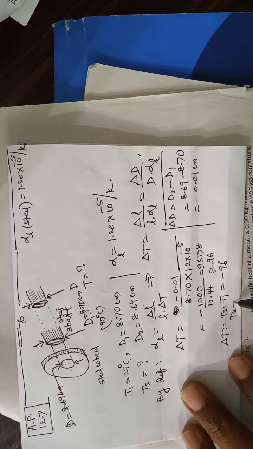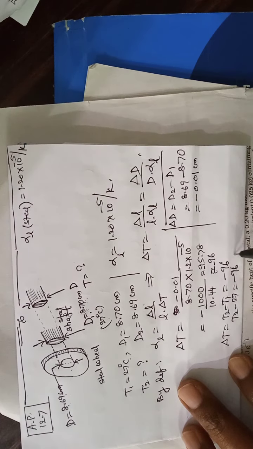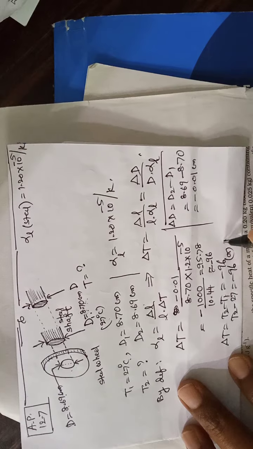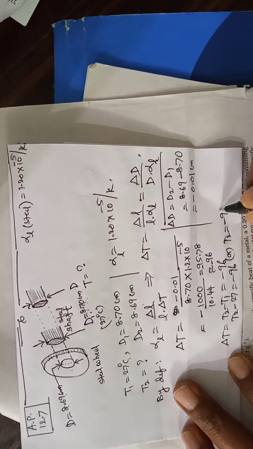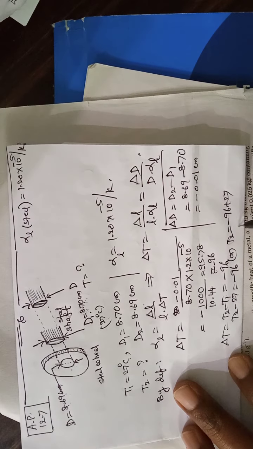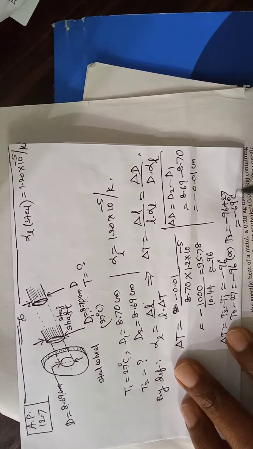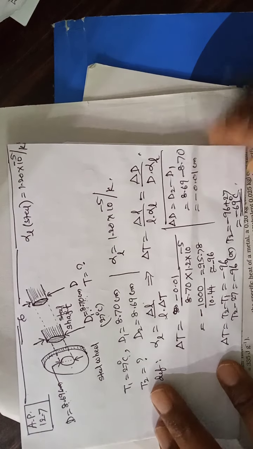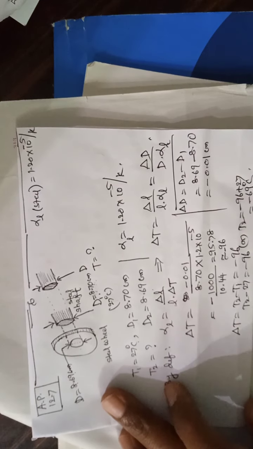T2 value we have to find out, T1 value 27. So T2 is equal to minus 96 plus 27, that is minus 69 degrees centigrade. So this shaft must be cooled to this temperature for the wheel to slip onto the shaft.